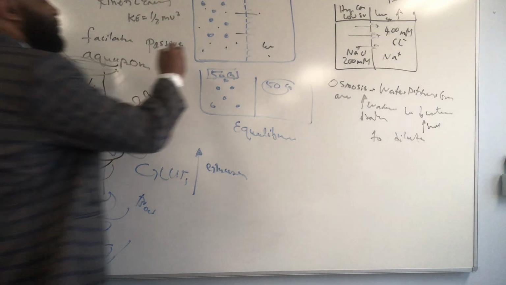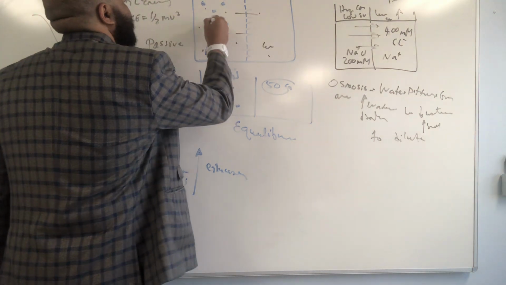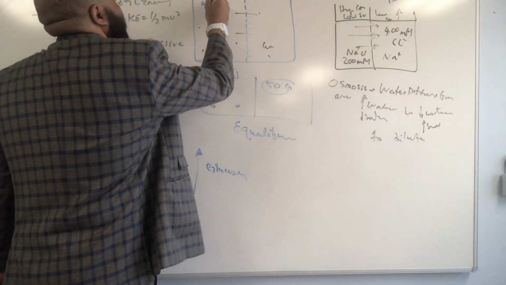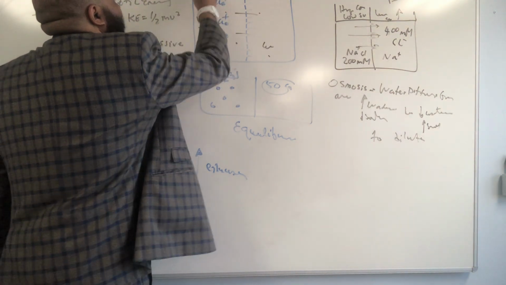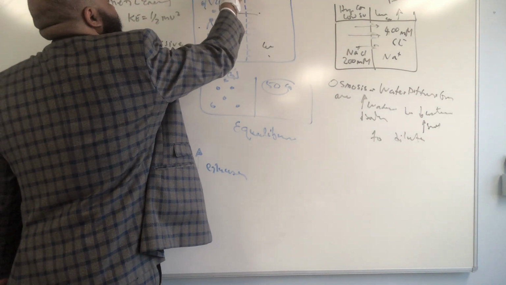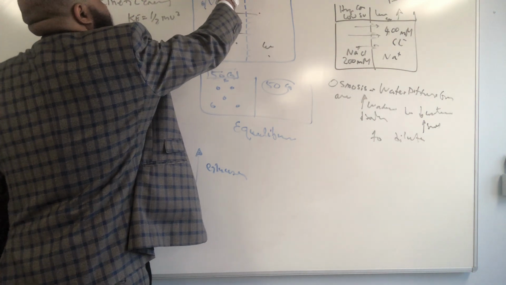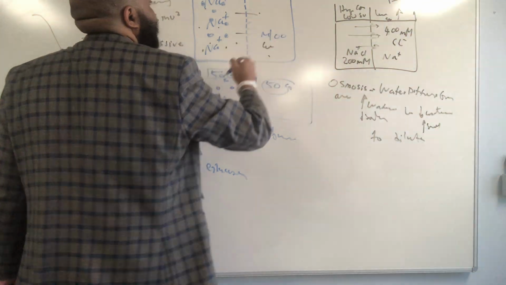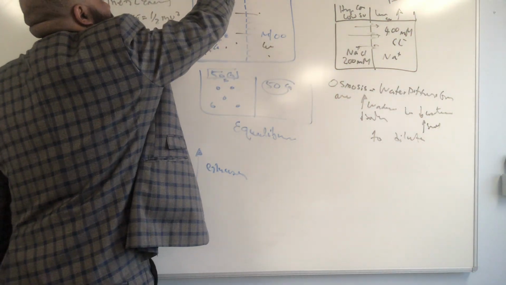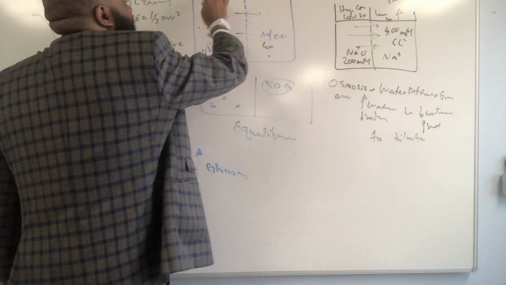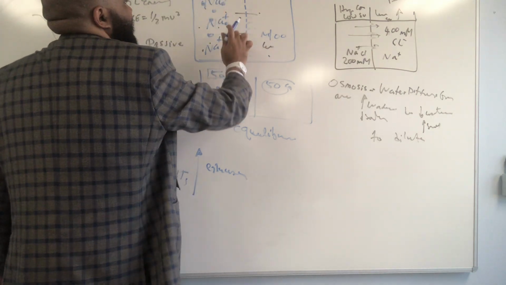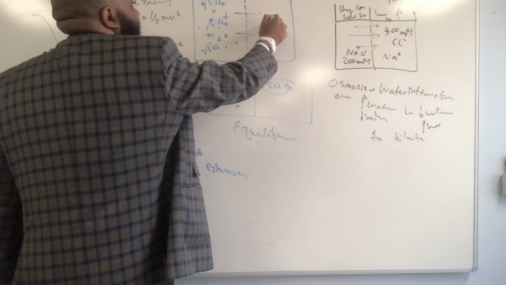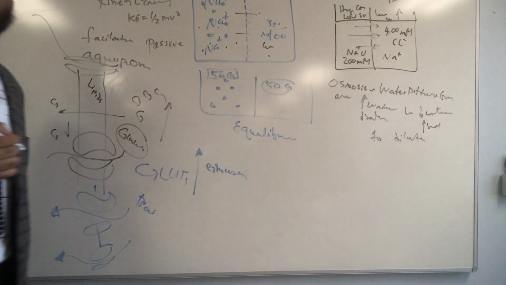So sometimes if you put sodium, positively charged, 500 sodium ions out here and 100 sodium ions inside, sodium is going to move from this side to this side. So 500 plus 100, that's 600. They're going to equilibrate at 300 on both sides.